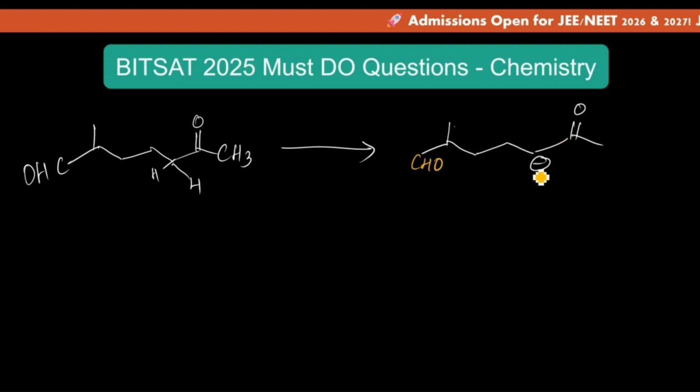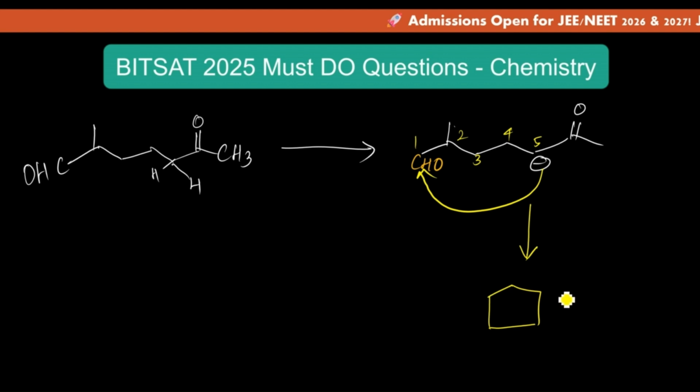So this part gives you the ring formation when it attacks the CHO. Due to that, it is forming the ring. How many membered ring? 1, 2, 3, 4, 5 membered ring. So a 5 membered ring.